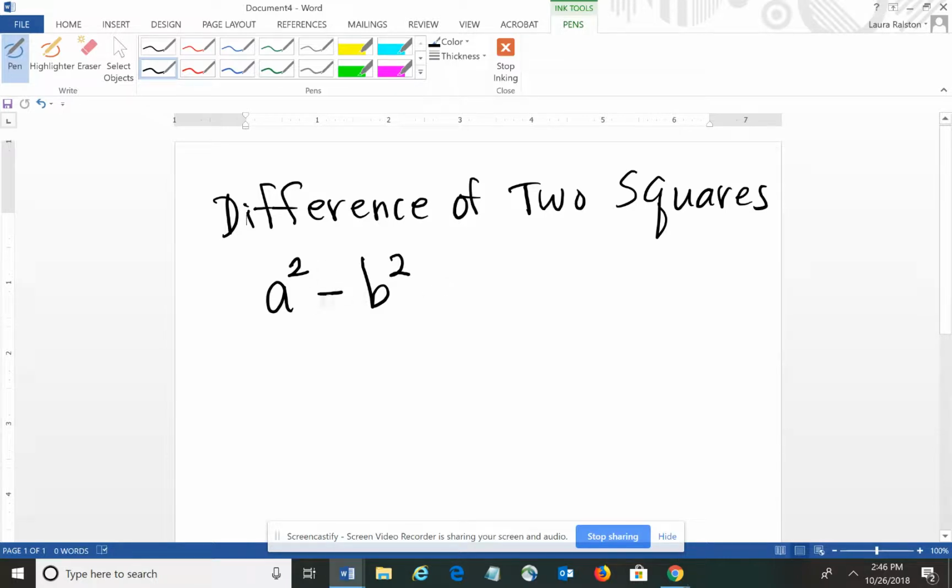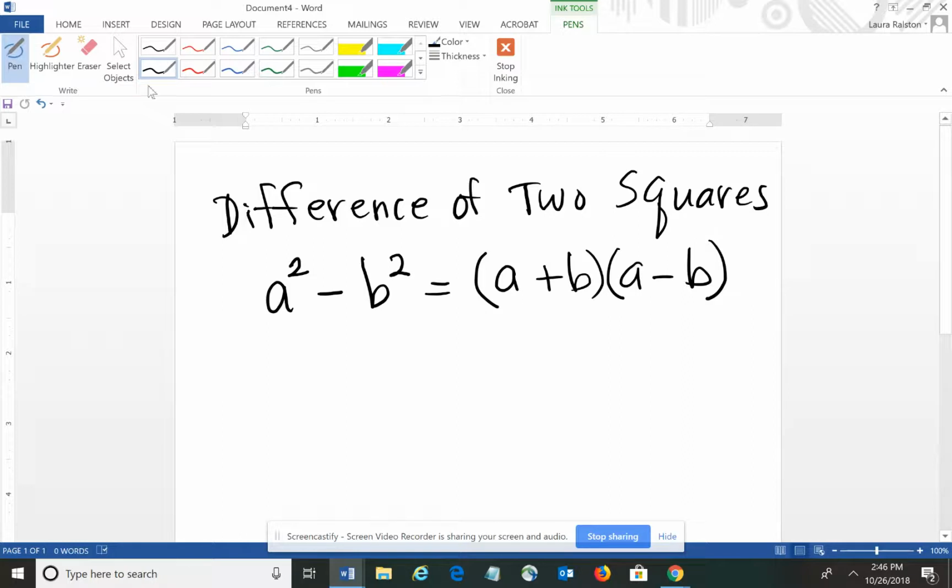Remember, a subtraction problem is known as a difference. And it always factors as A plus B, A minus B. It's just one of those patterns that you're going to have to learn and know how to factor.